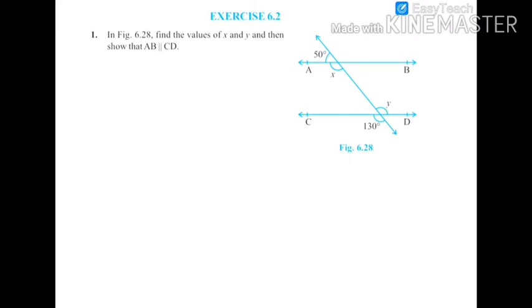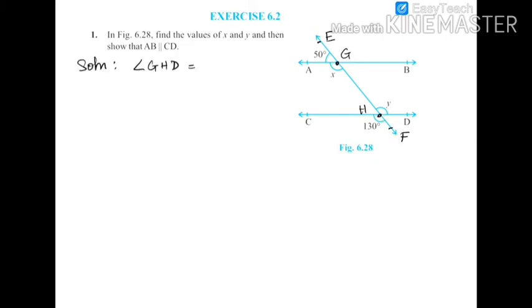Let's mark the transversal in the figure as EF and the point where transversal cuts line AB as G and line CD as H. Notice from the figure, angle GHD and angle CHF form vertically opposite angles.